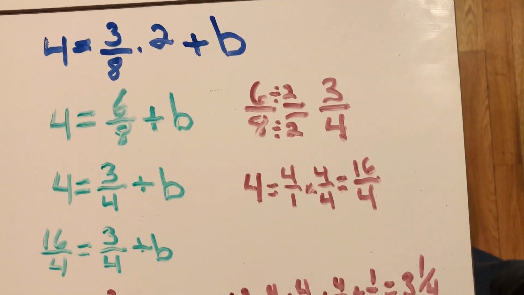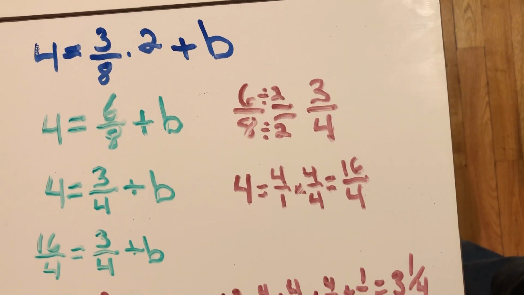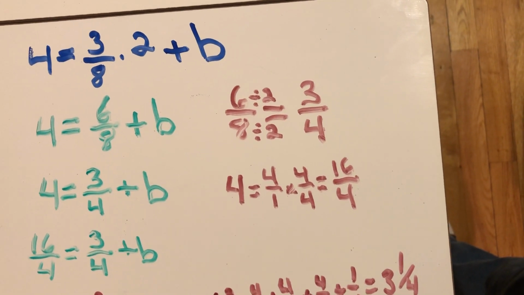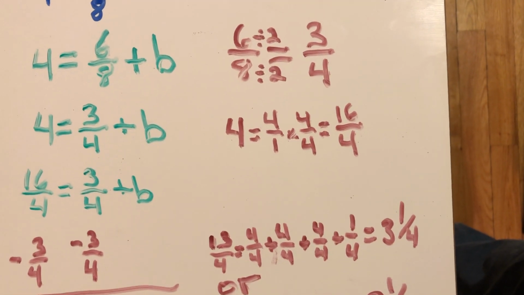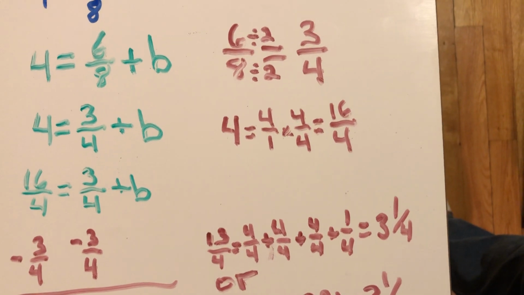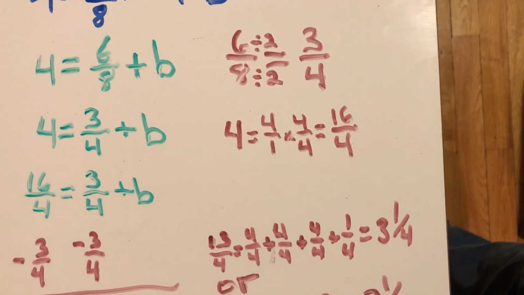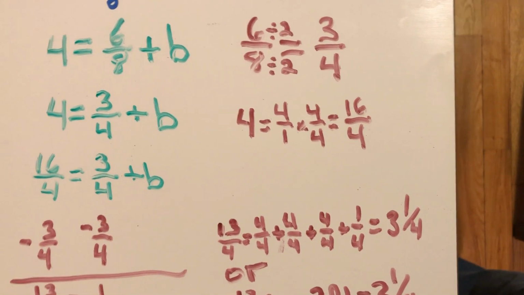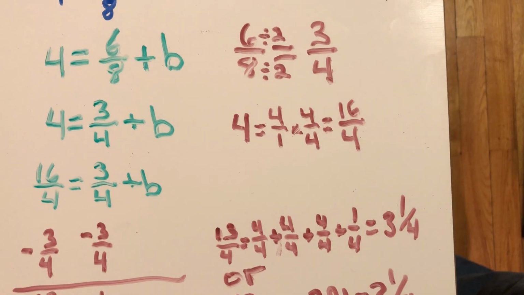Well, because when I have the equation 16/4 equals 3/4 plus b, I'm going to solve it by subtracting the 3/4 from both sides. So if I already have the 4 turned into 16/4, it allows me to do my subtraction, because you can only add and subtract fractions when you have a common denominator, or common bottom.